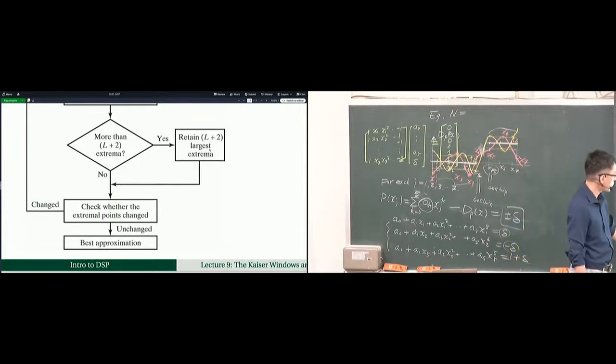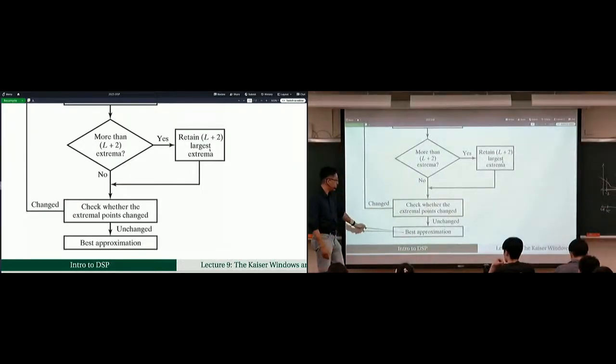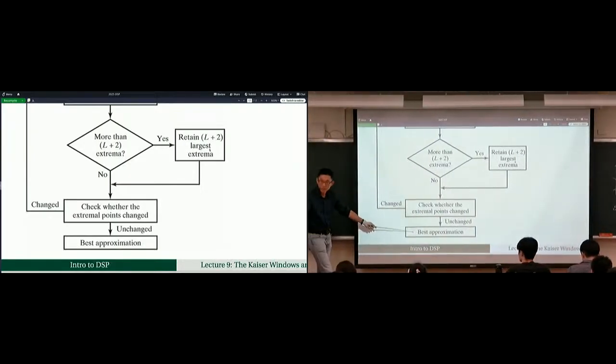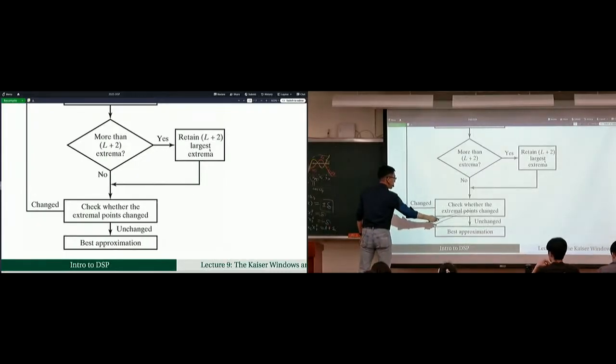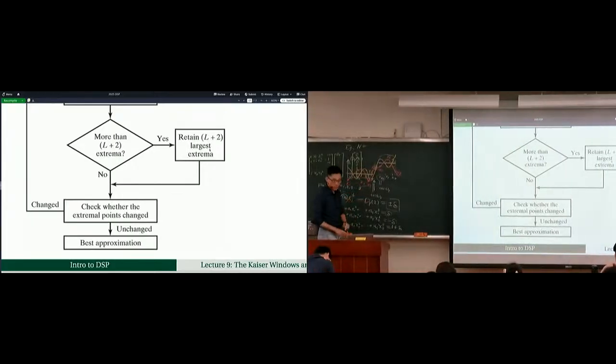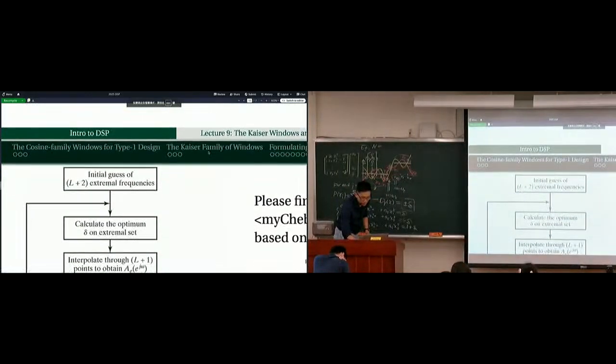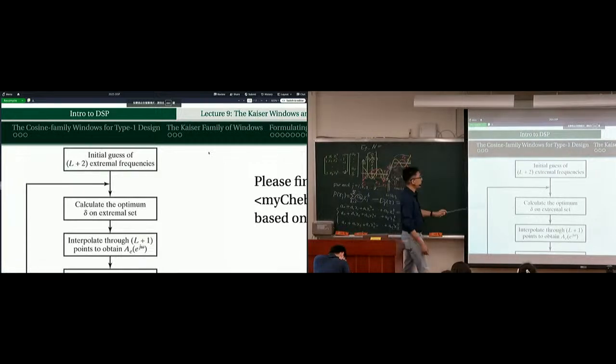So, checking where the extremal points change. If you just regard them as unchanged, then you get a numerical approximation. This is a numerical algorithm, using convergence. But if the extremal points changed, then you just go back and refine your guess, refine your list of extremal point frequencies, and then repeat the entire process.